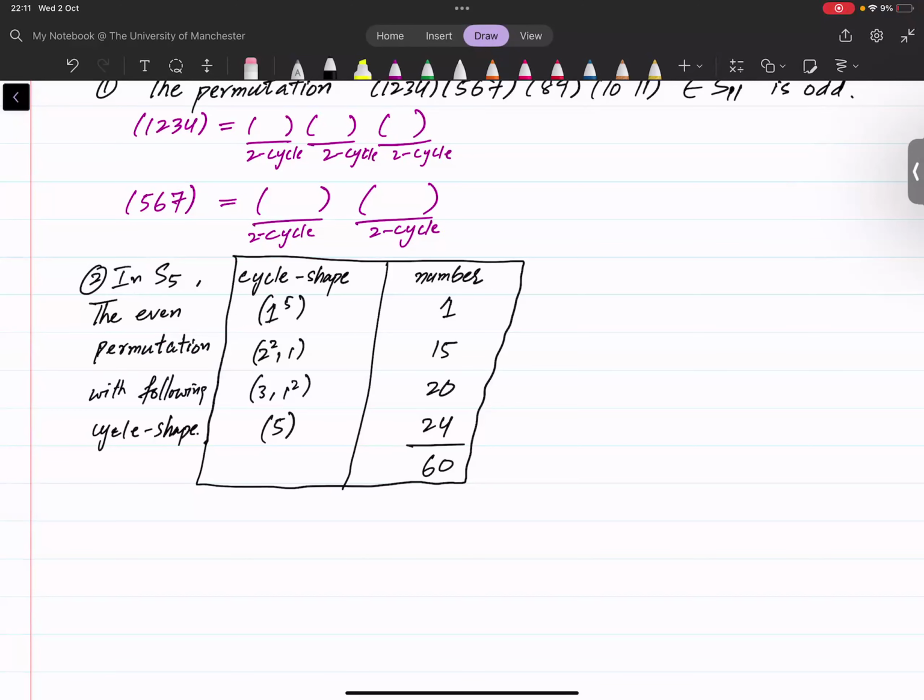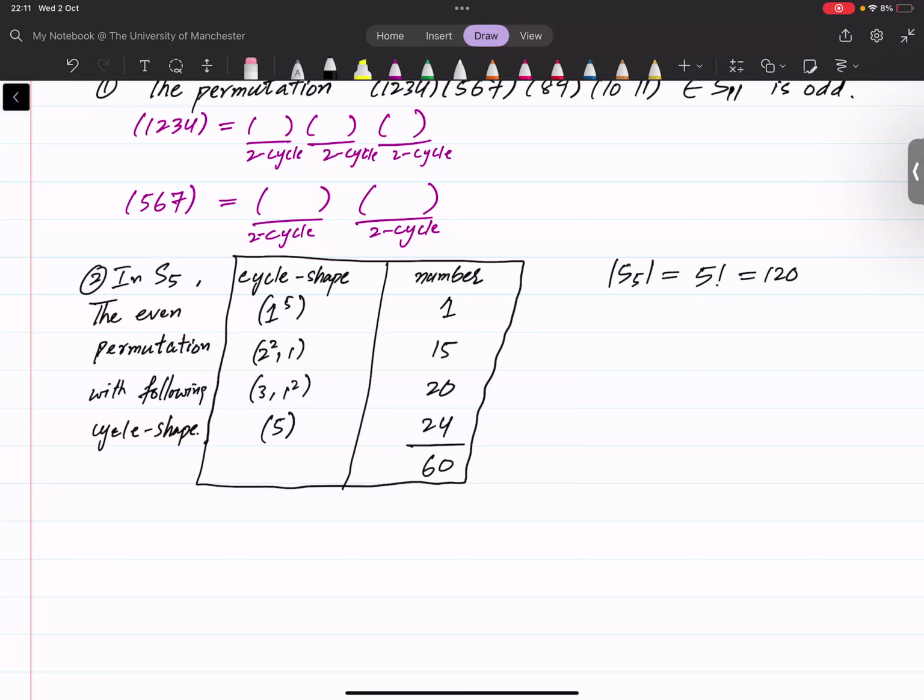Now there are 60 permutations which are even, and the order of S5 is 5 factorial, which is 120.